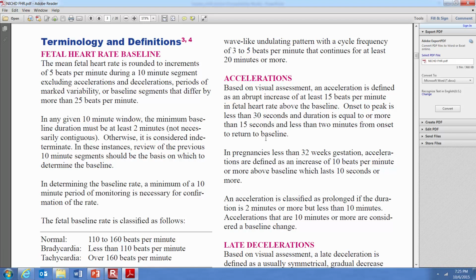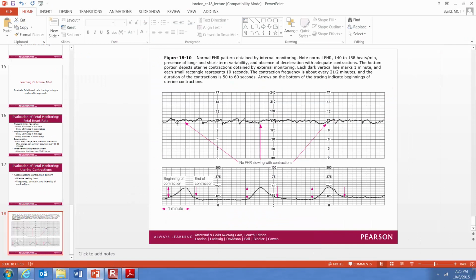When we determine fetal heart rate, it has to be at least 10 minutes of the strip. Okay? So when we look at 10 minutes of the strip, we're just looking at the line going across the paper. Okay, let me go back to the PowerPoint here. When we're looking at the heart rate, we're looking at in this 10 minutes, so say this strip is 10 minutes, we're looking at all these squigglies.